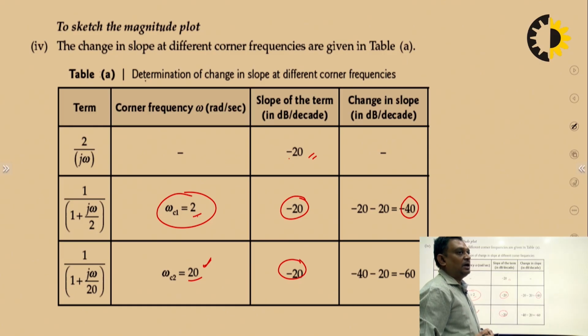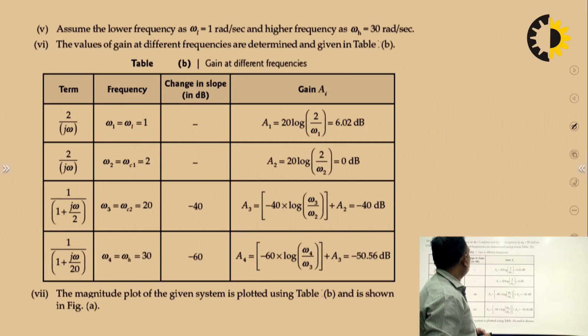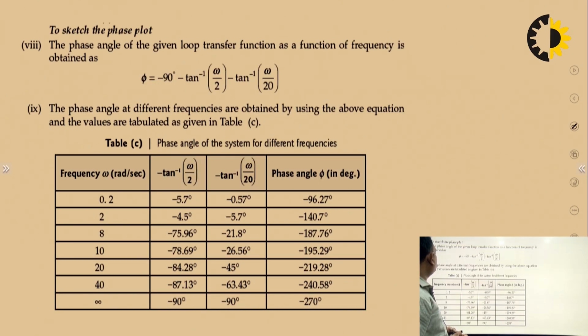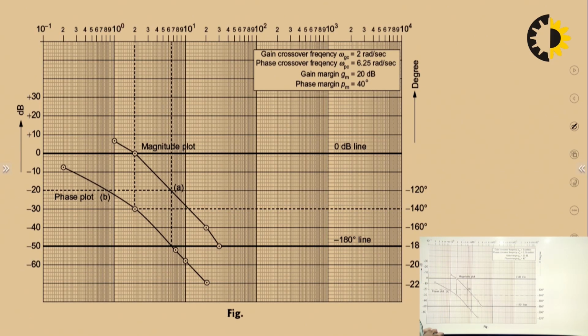Now we will draw it. You can see this is the Bode plot, drawn on semi-log paper. First we have to choose the point from which we will start this Bode plot.